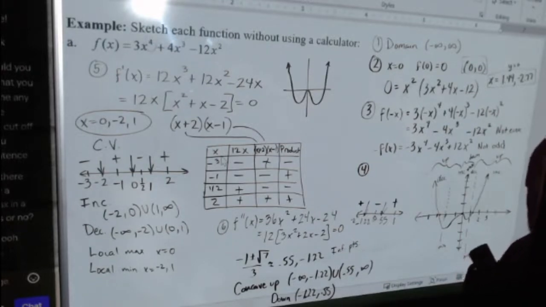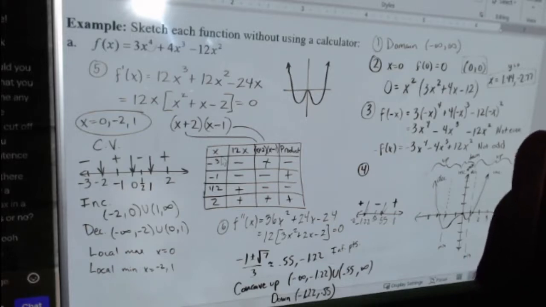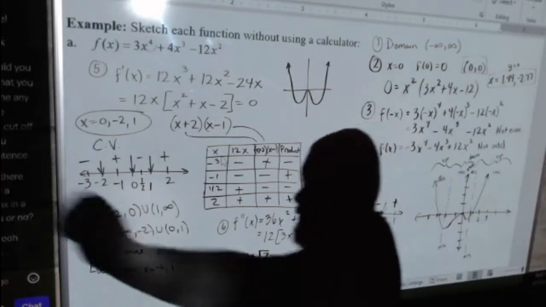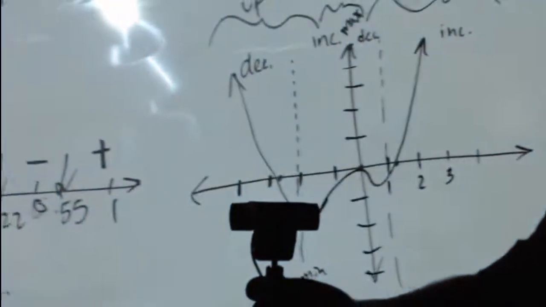Alright, so that's approximately what it looks like. Let me go ahead and bring the camera over here so that you guys can see it a little better. So that's what I came up with.